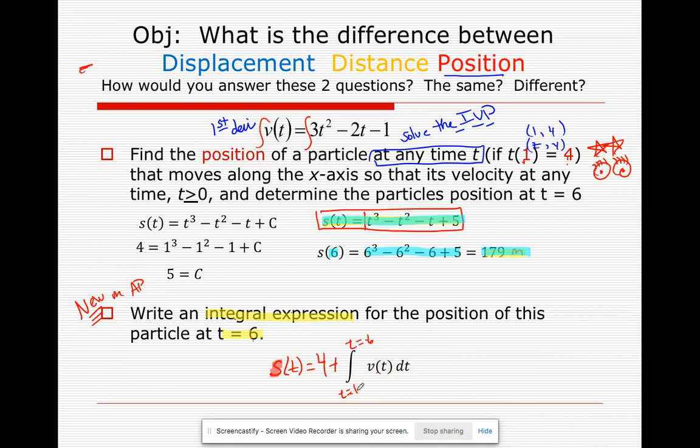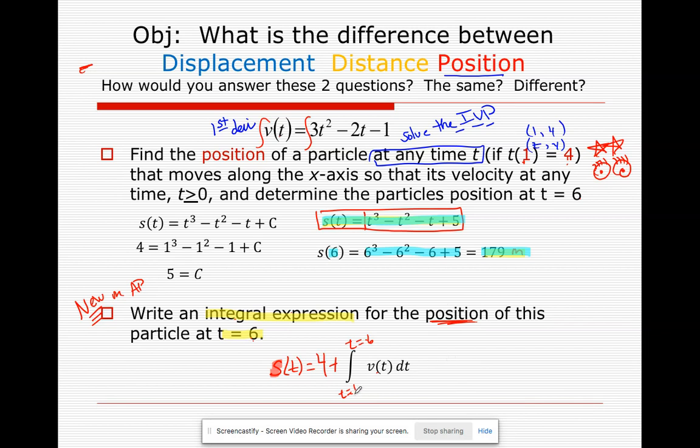Right? This gets me the displacement. This is displacement, right? I'm not caring about whether I'm going right or left. I just want displacement because I'm talking about position.